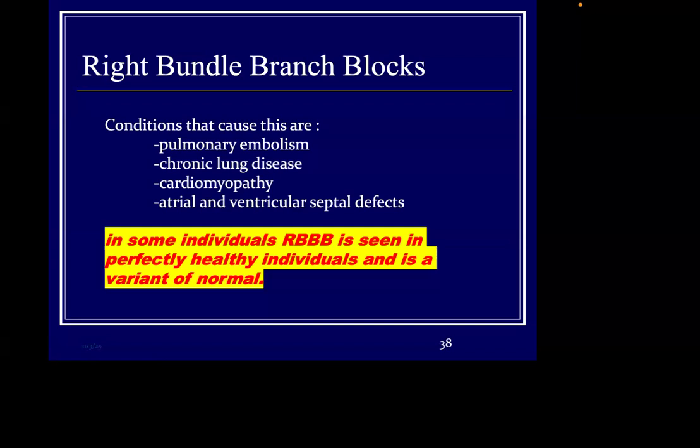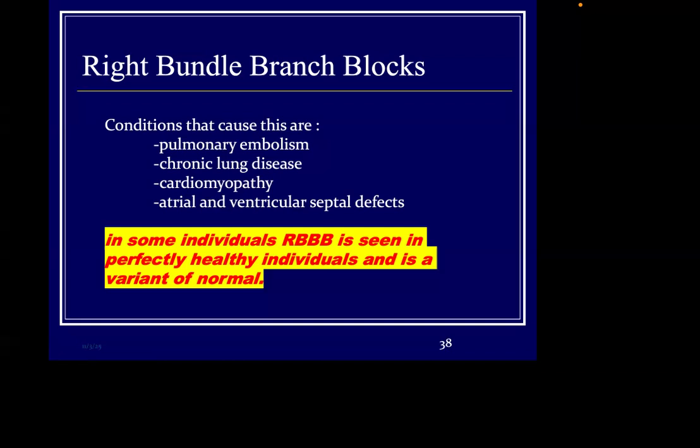Also, I see many people admitted to the coronary care unit as acute myocardial infarction or acute coronary syndrome, and actually they have electrical right bundle branch block. They don't have any abnormality, they don't have any acute coronary syndrome. And so you have to assess these conditions very accurately and be familiar with them.